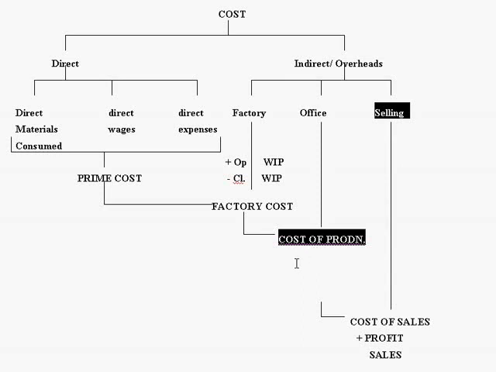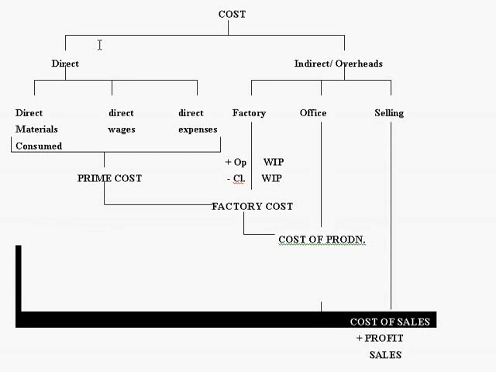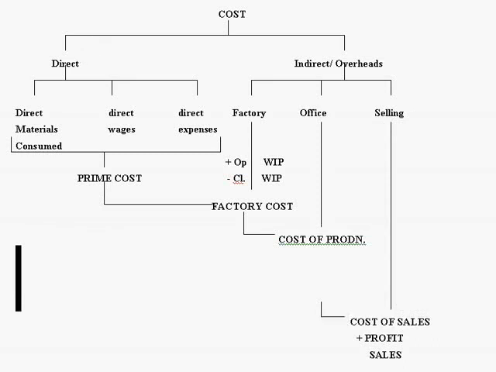From cost of production units produced, I should first convert this cost of production to cost of goods sold, so that I can then directly add my selling expenses against it. Is that okay? Is that understood?